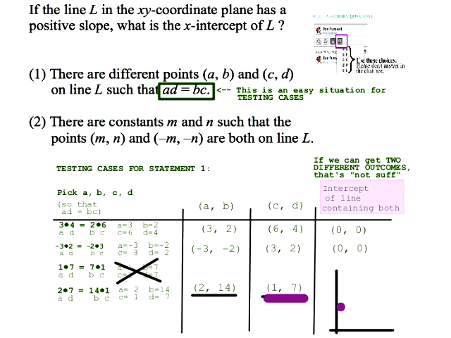And then 2, 14 is going to just be twice as far out in exactly the same direction. And that's going to go through the origin again, and you're going to keep getting multiples. Every time you do this, you're just going to keep getting multiples of the same numbers. You're welcome. So you're not going to wind up with any intercept other than 0, 0. So this is sufficient.